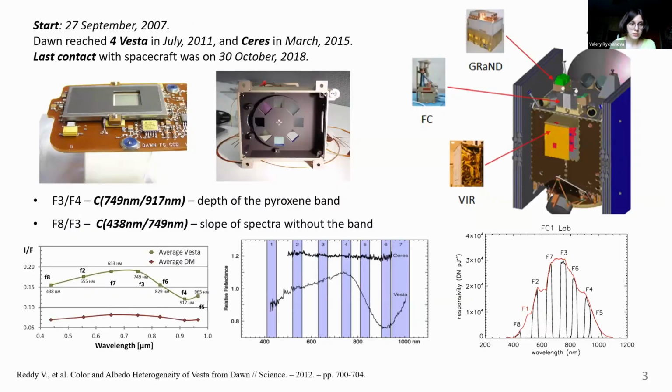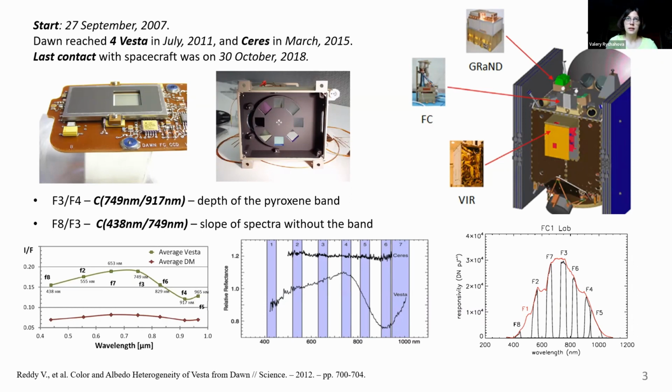To investigate these two objects, the Dawn mission started in 2007, and we can see that the Dawn spacecraft was equipped with three main instruments: the framing camera, GRaND, and VIR. In our study, we used data from the framing camera. It's a multispectral imager that is equipped with one clear filter and 7 bandpass filters.